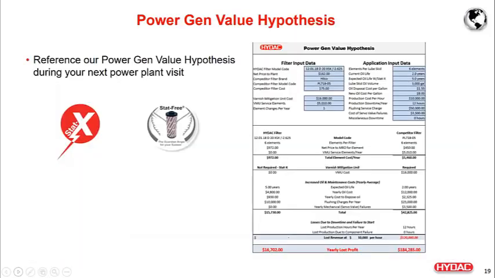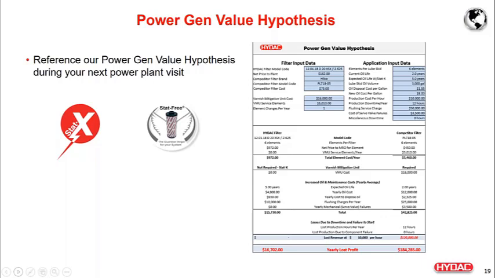With that, I have one quick tool that I would like to introduce to you as well. We have the power gen value hypothesis, where we have put together different conditions and attributes that the power gen industry normally uses. When they have electrostatic charging and discharging related events, their oil is going to degrade.